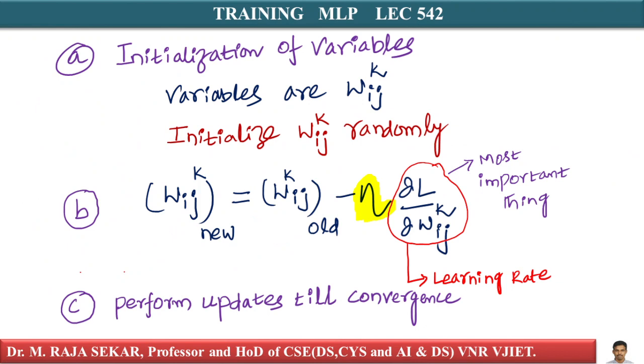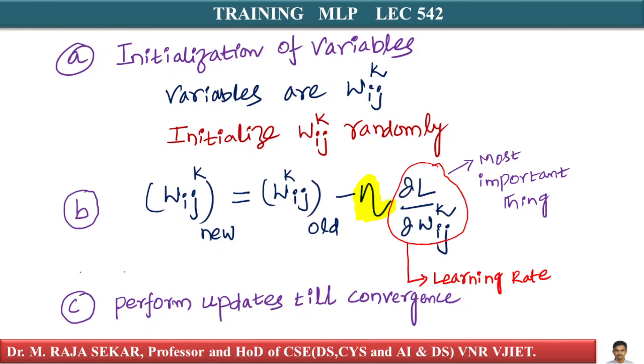What you have to do? Perform updates till convergence, isn't it? Convergence basically means you keep changing Wkij till Wkij old and Wkij new are very, very close, because it is an iterative algorithm.